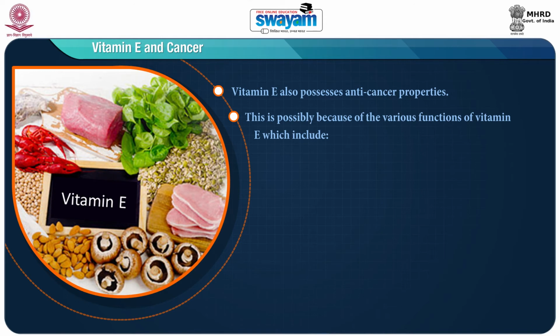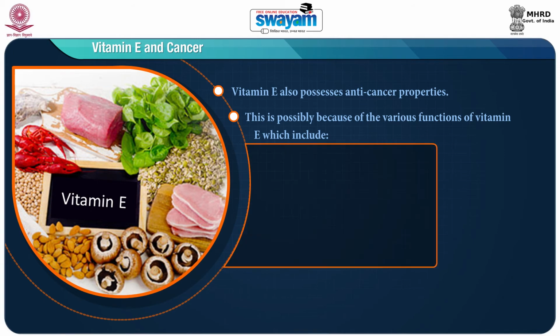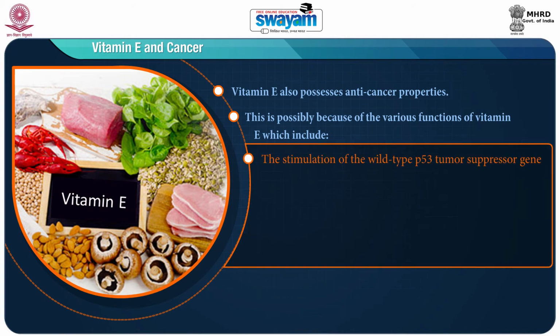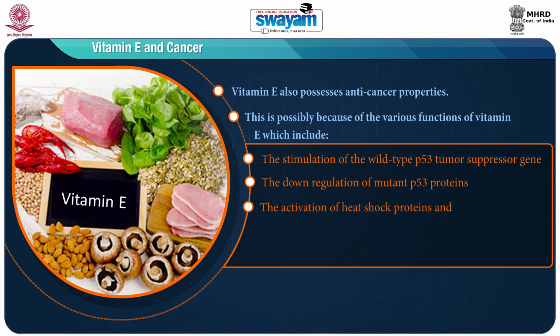This is possibly because of the various functions of vitamin E, which include the stimulation of the wild type p53 tumor suppressor gene, the downregulation of mutant p53 proteins, the activation of heat shock proteins, and an antiangiogenic effect mediated by the blockage of transforming growth factor alpha.